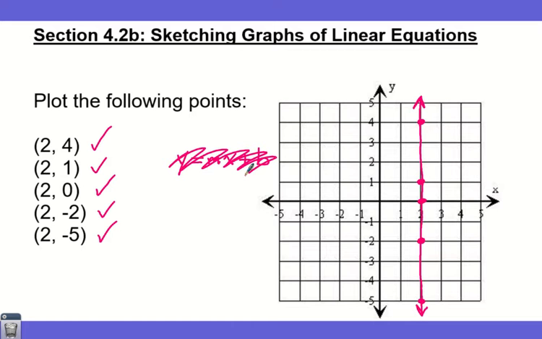Well, what do all these points have in common? In fact, I could make even more points, like that point, that point, and so on. All these points have what in common?